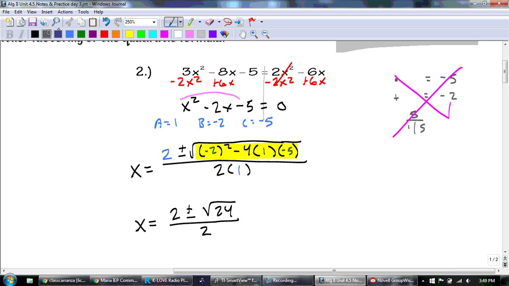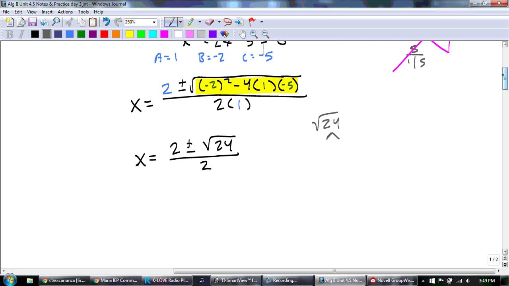Okay. And then we take the square root of 24 and we want to break that down into the perfect squares. So what's the highest perfect square that goes into 24? 4. Square root of 4 and square root of 6. Square root of 4 is 2, so we're left with 2 square root 6.